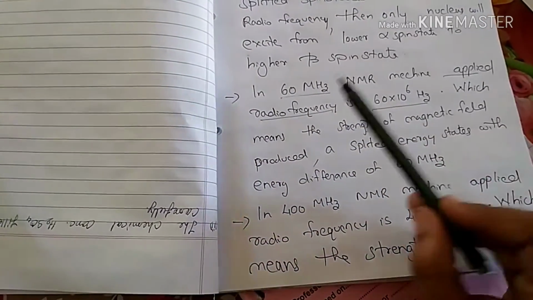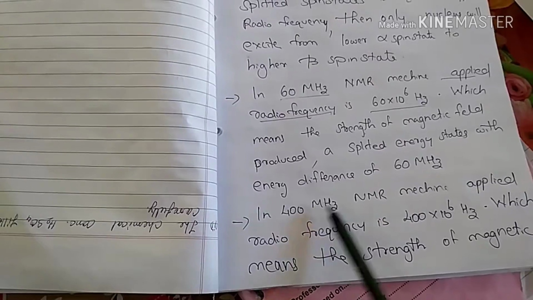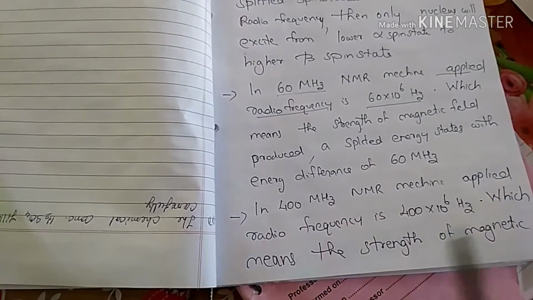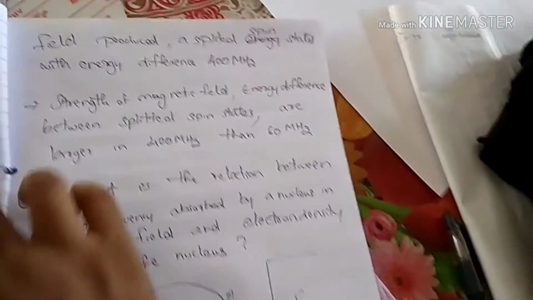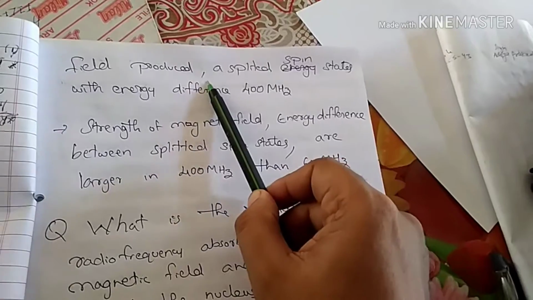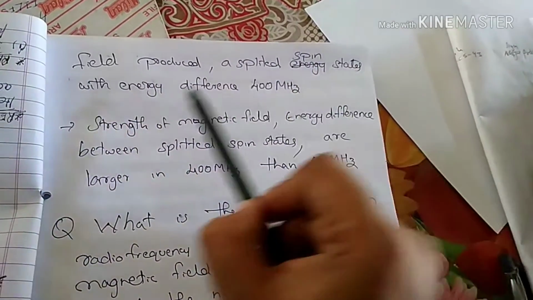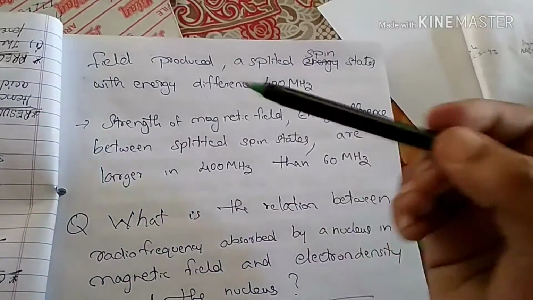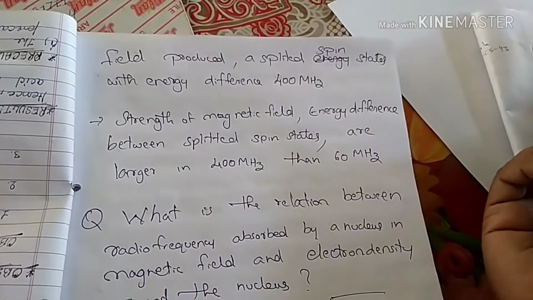In a similar way, in 400 megahertz the applied radio frequency is 400 into 10 raised to 6 hertz, which means the strength of the magnetic field produced a split spin state with an energy difference of 400 megahertz.